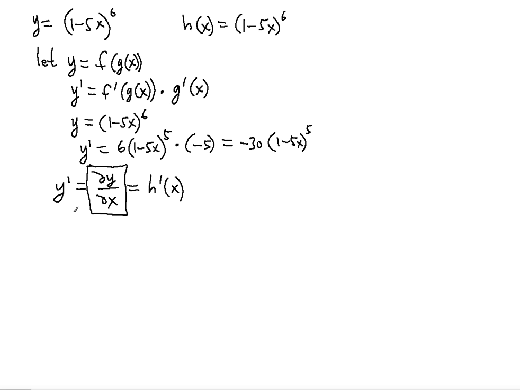We already used the y prime, and now we're going to use this part. To find dy divided by dx, you will simply use this formula. Let u be equal to g of x.